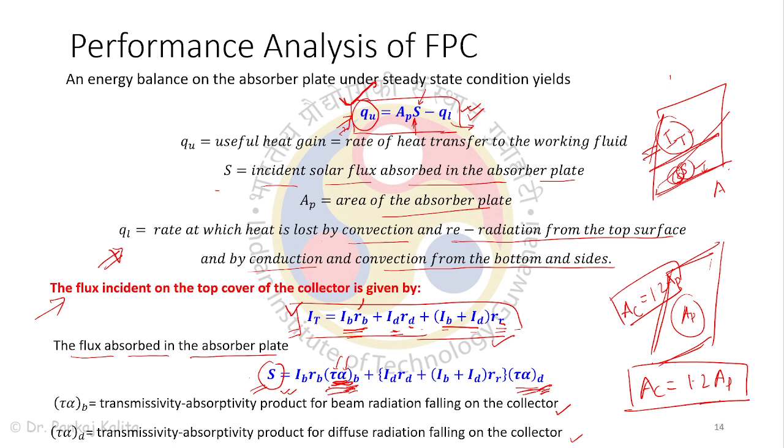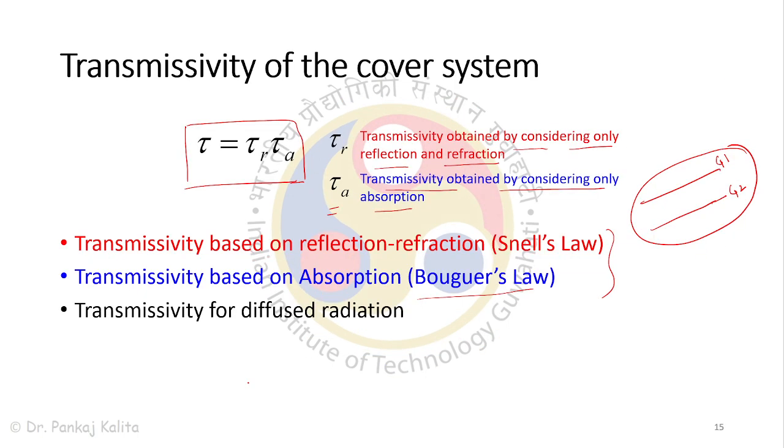That's why we have included this transmissivity-absorptivity product for beam as well as diffuse radiation in this equation. I hope these equations are clear, how this equation comes into the picture. Now if you want to know the transmittivity of the cover system, it is the product of the transmittivity due to reflection and refraction, and the transmittivity due to absorption.